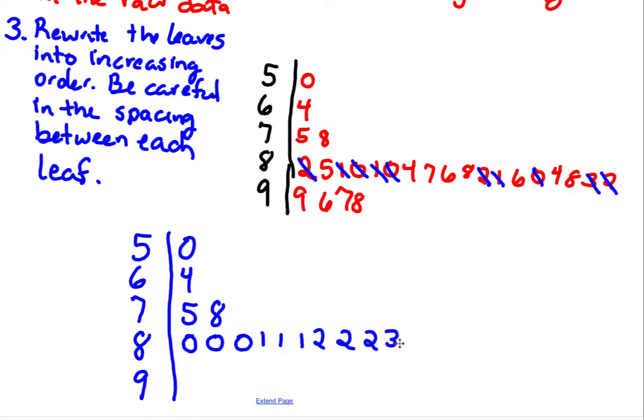And you continue this pattern until you have all your data in increasing order. Very important on your final stem plot that your leaves are in order. And then I'm going to repeat for row 9 for my 90s.